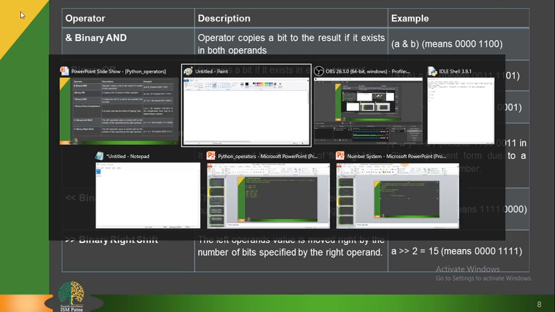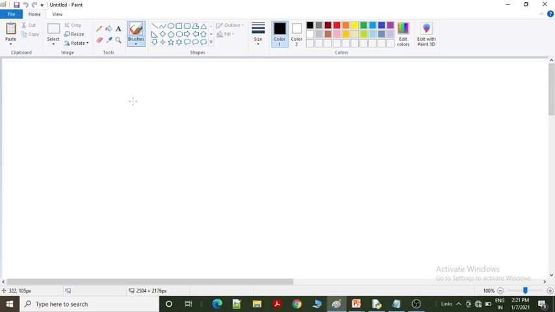Let's check with an example. Suppose we use the values 1 0 0 1 and 1 1 0 0. If we use the XOR operator, the first operand is 1 and the next one is 0, so the operands are different and the result will be 1.